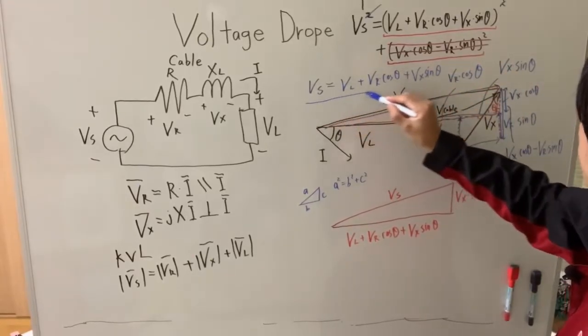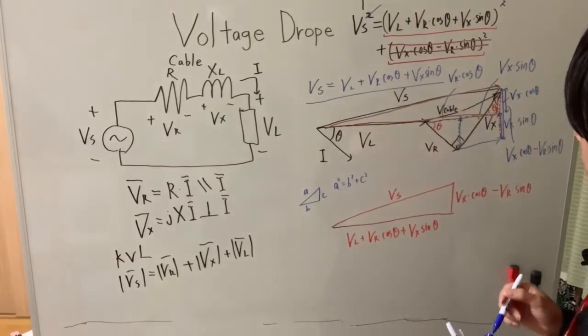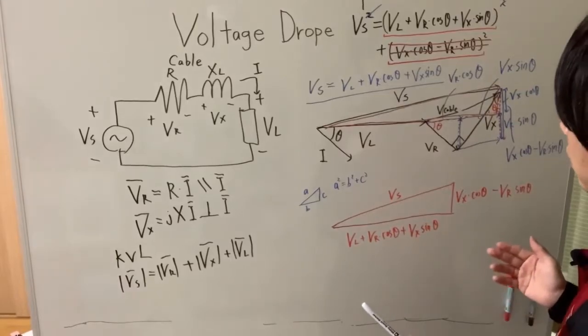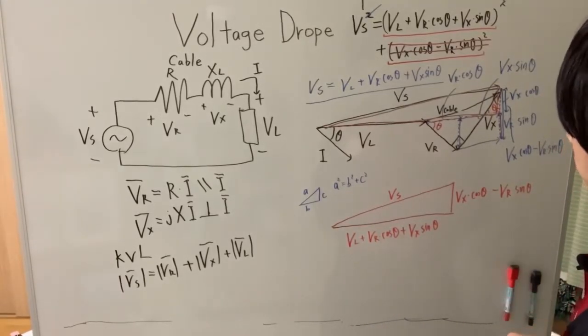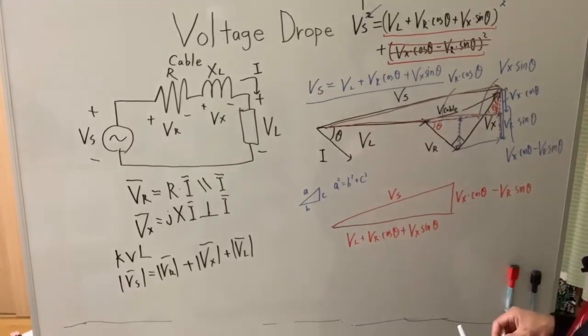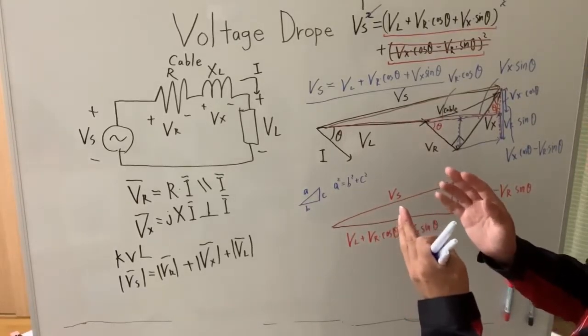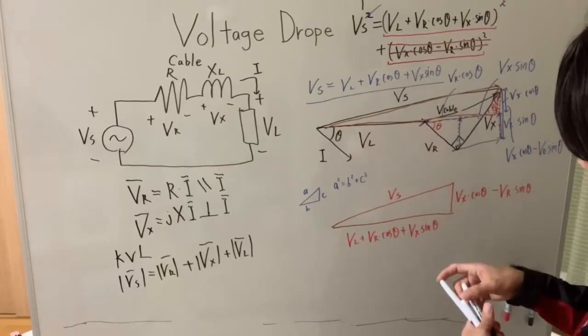Alright. And so what is voltage drop? Just as I mentioned, the voltage drop is the difference between the voltage source and the point of view.